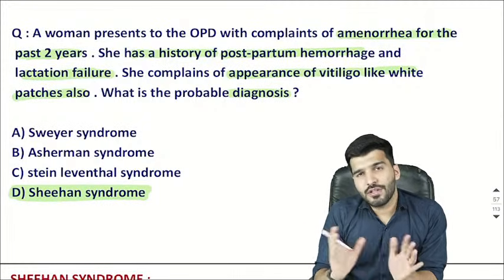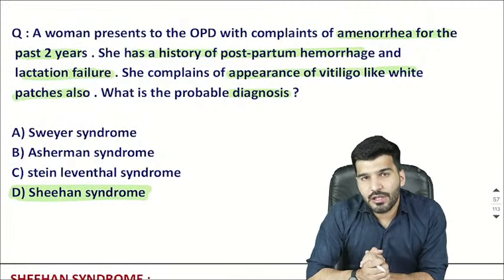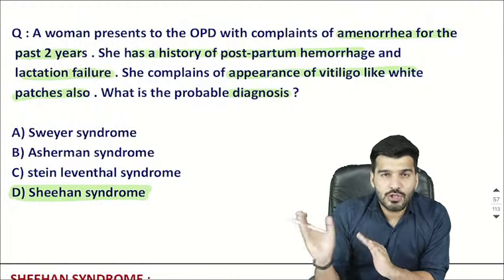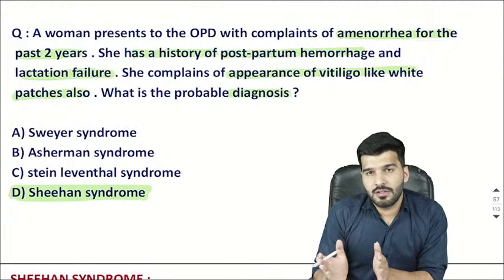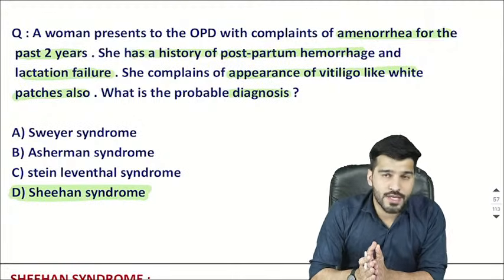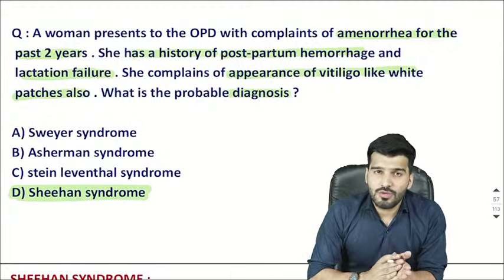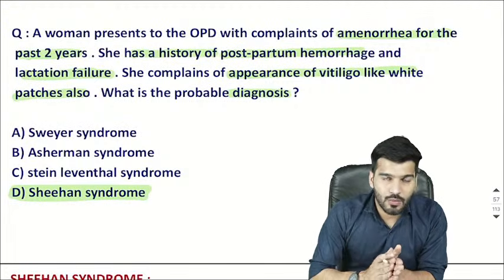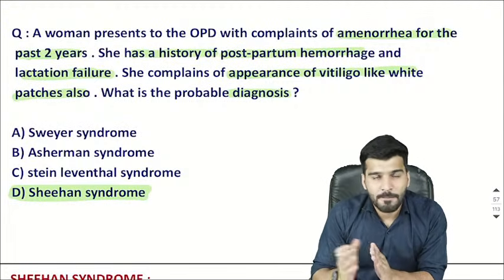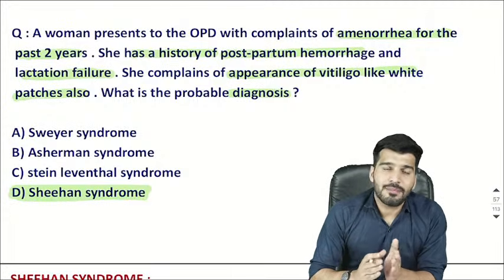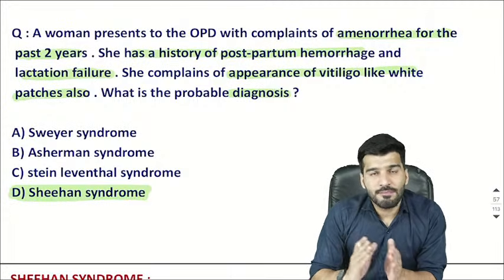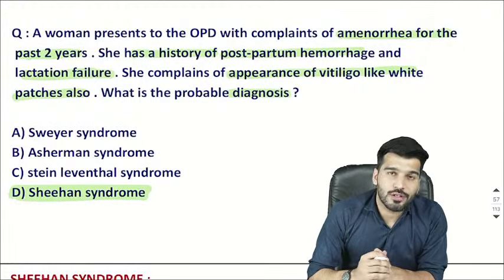What will be the clinical features of this particular condition? Whatever comes from the pituitary, FSH and LH, your prolactin, your antidiuretic hormone, all the other hormones, features will be related to that. Secondary amenorrhea, prolactin is not there, so there will be a lactation failure. There will be diabetes insipidus, there will be hypogonadism. These are all the features of Sheehan syndrome.